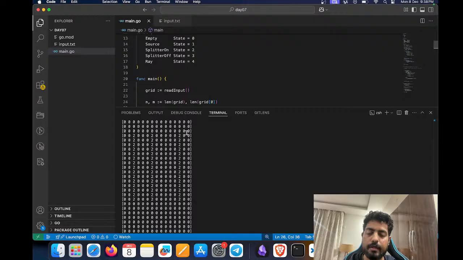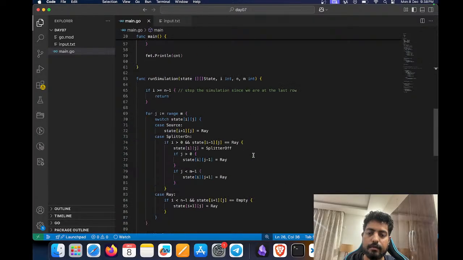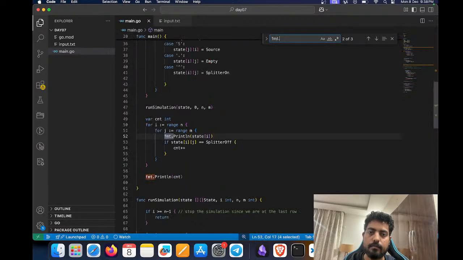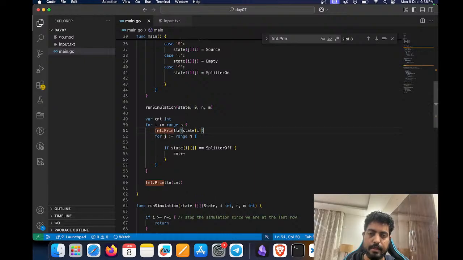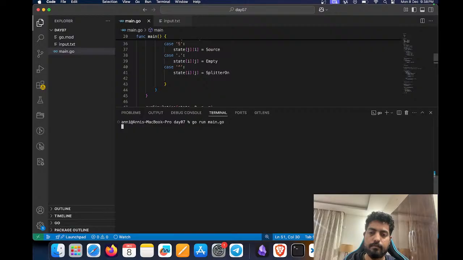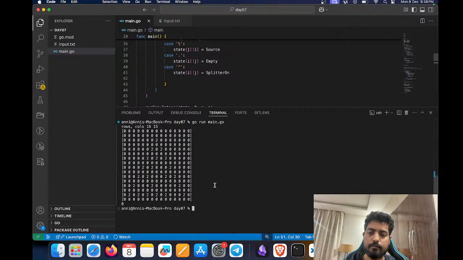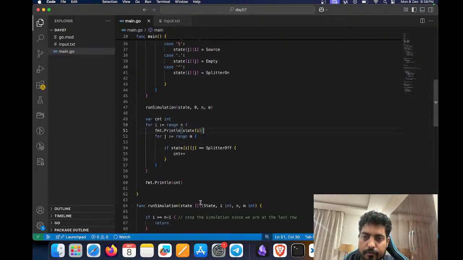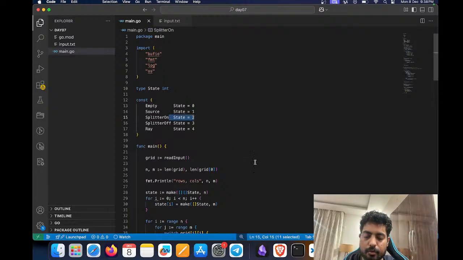But it surely doesn't seem like. Okay, this is why we were printing everything, which seemed kind of wrong. Okay, so somewhere I know that we had a source here, but we are only seeing two, which is splitter on.